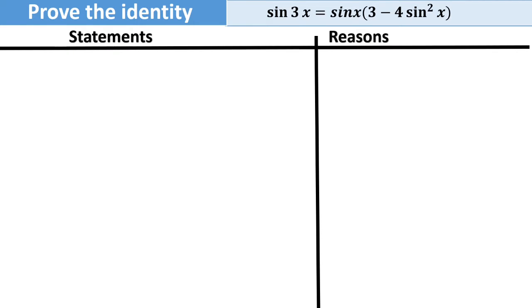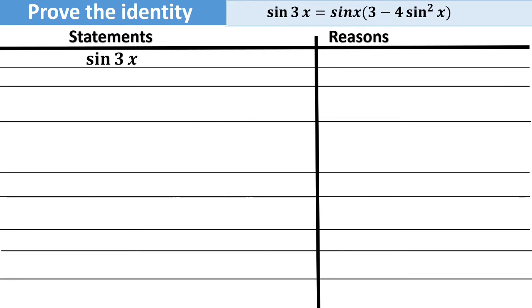To prove an identity, start with two columns labeling them statements and reasons. Use either what's to the right or left of the equal sign for your first statement. I usually start with the uglier of the two sides unless there is an obvious property to apply. Sine of 3x is my given.